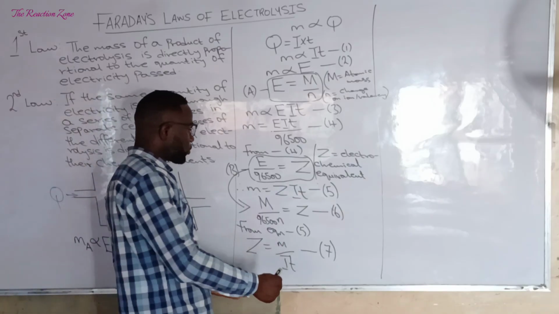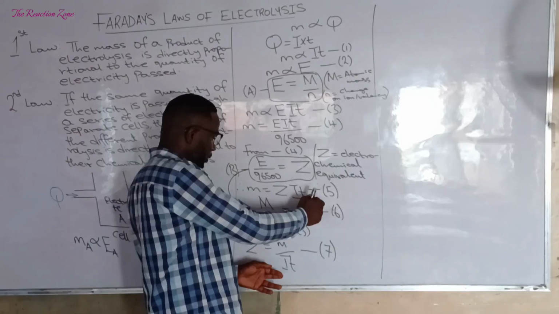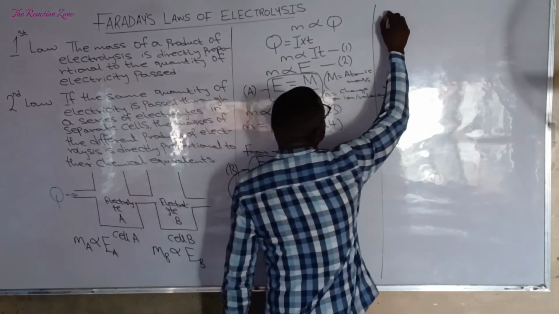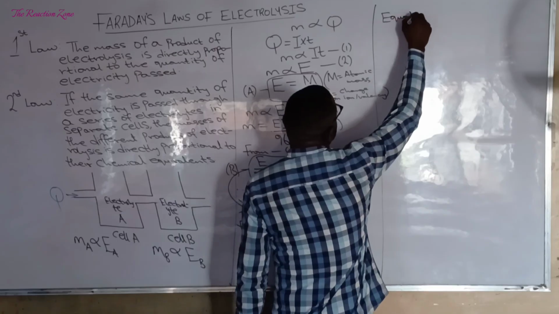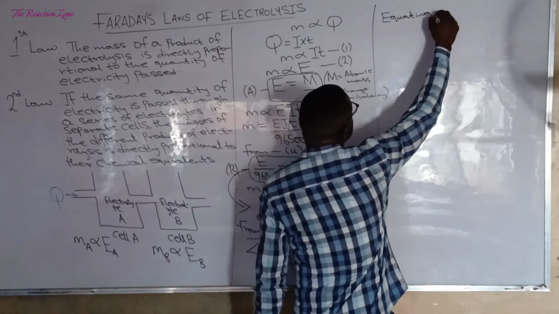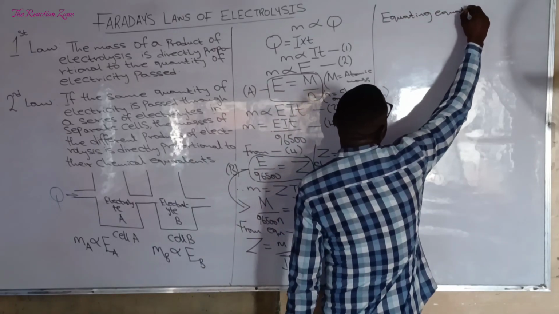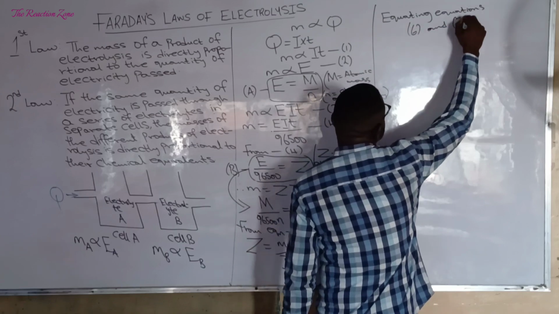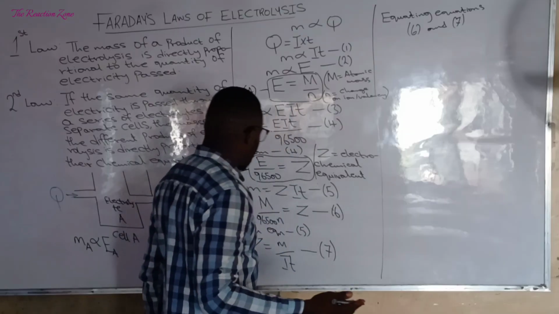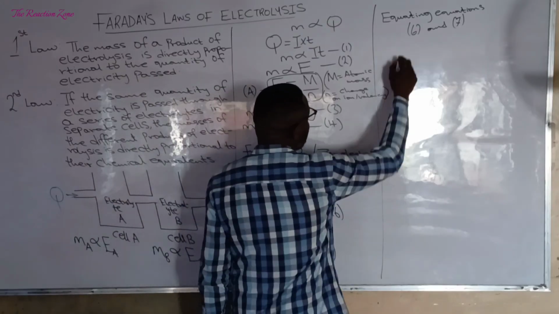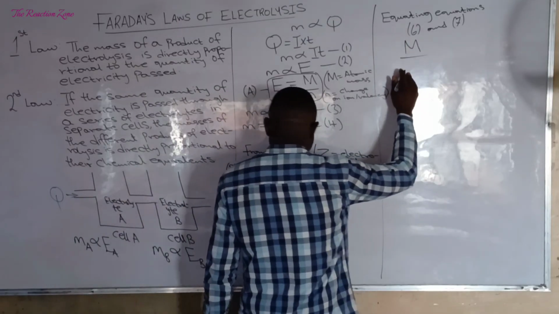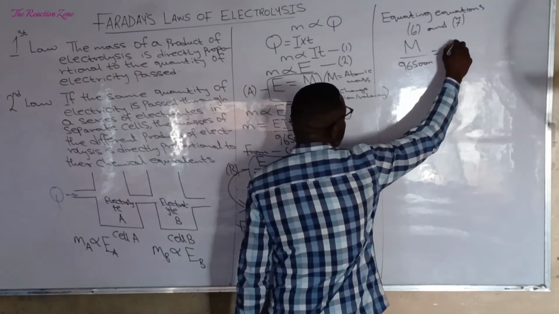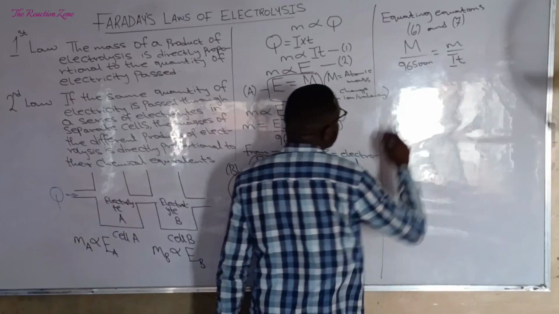So if I decide to equate equations 6 and 7 together, it means we're going to have M over 96,500N is going to be equal to small letter m over IT.